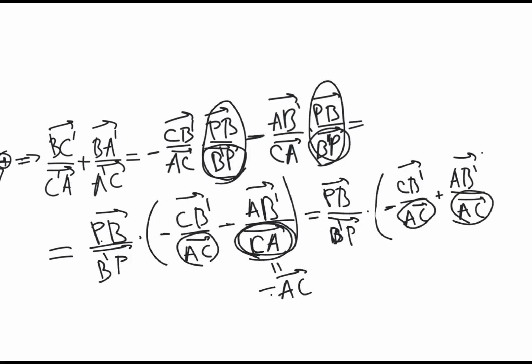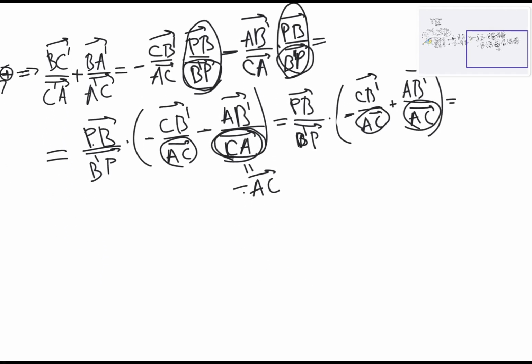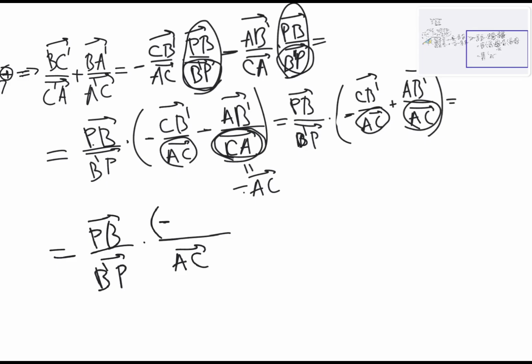So now we have the same denominator, so we simply have PB over B prime P multiplied by, with the same denominator, minus CB prime plus AB prime.